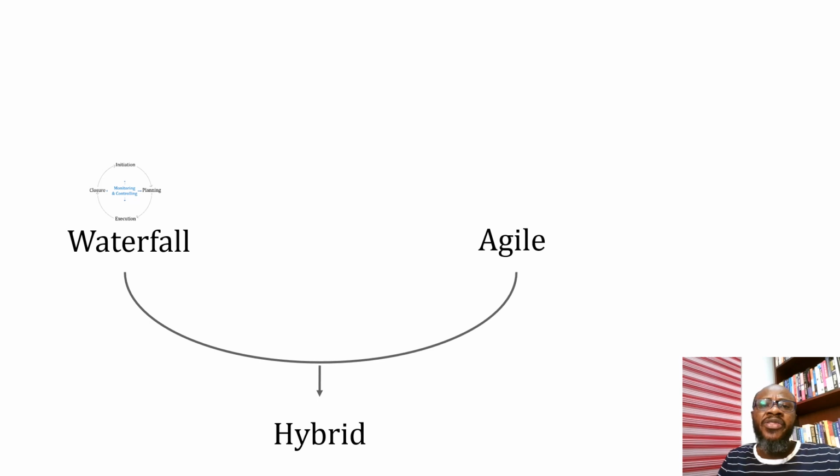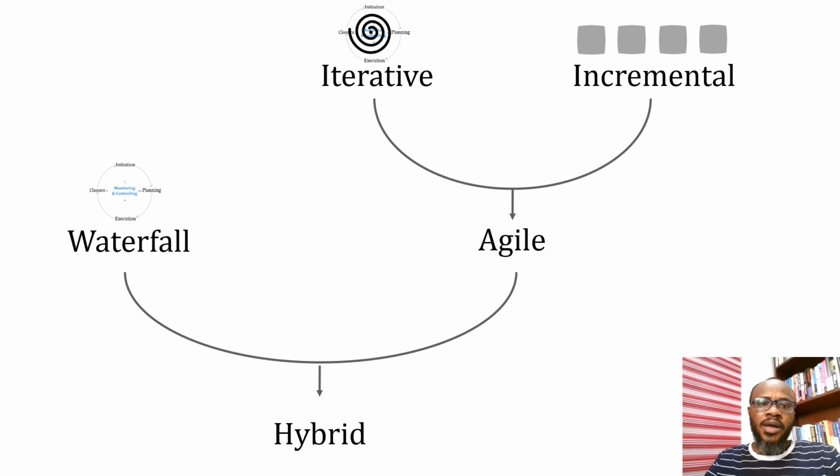But let's look at the agile model. But I first need to introduce to you the two life cycles that merge to form the agile methodology or the agile development approach. Yeah, so like I said, the agile methodology in itself is a combination of two life cycles.